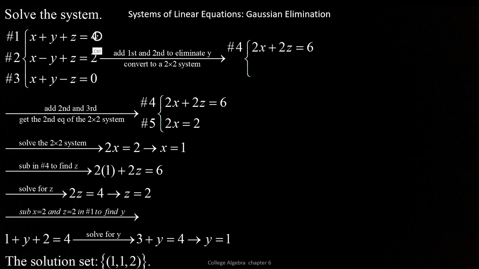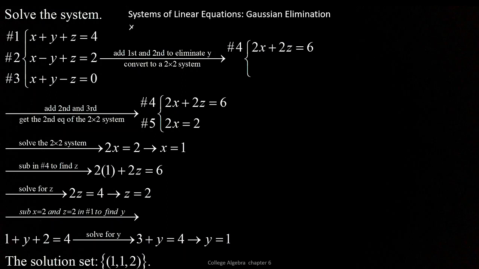So here we're going to pick a variable we want to get rid of, and let's pick y. If I want to get rid of y, I can add equation number 1 and 2. They're already ready to be added, right? Because the y's are opposites already. So we are going to add equation number 1 and equation number 2.